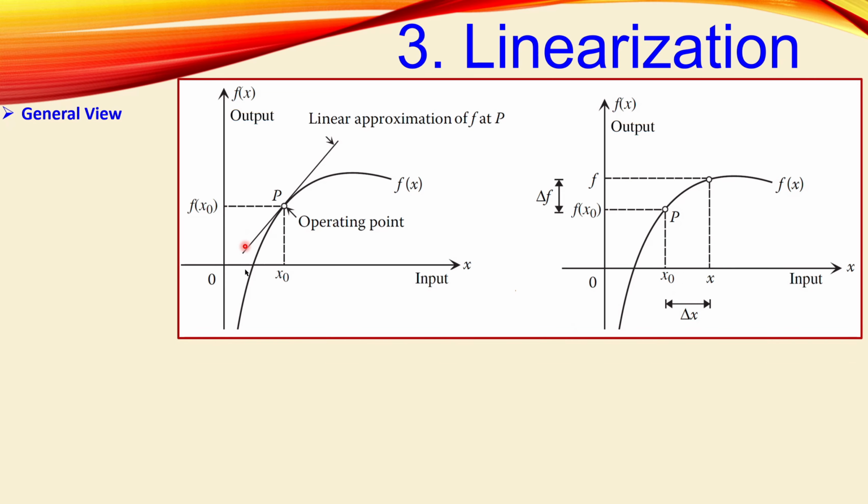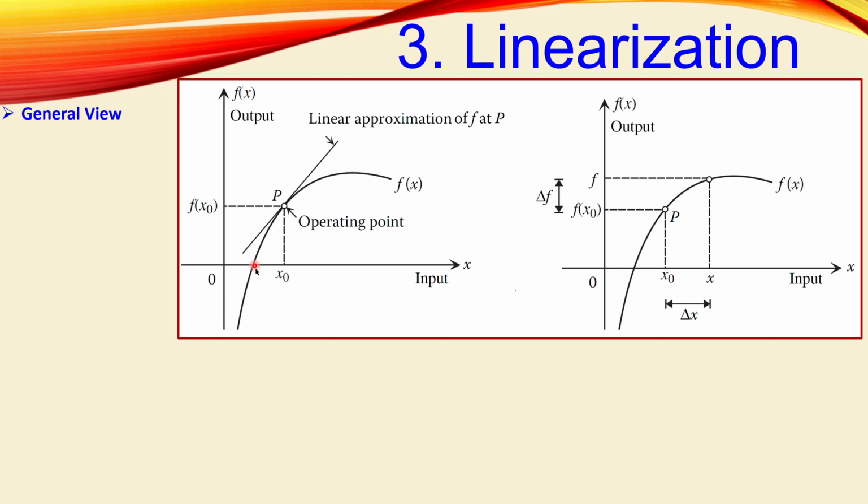Okay, let's now look at the linearization mathematically. Now, the general view is this, without going into the details of mathematics. First we present this. We see a function f(x), so it depends only on x, which is the input, and y, which is, let's say, f, our output, the y-axis. Now this curve here, the black one, is our actual response or actual mathematical operation.